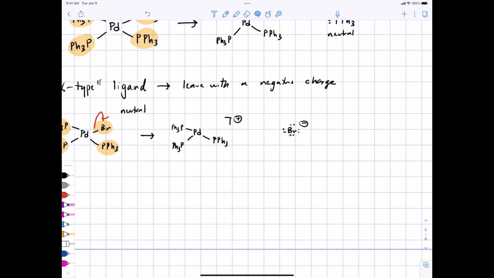X-type ligands are going to be things like OH minus, Cl minus, Br minus, F minus, I minus. It could also be some kind of carbanion, like a bond between carbon and the transition metal center. Okay.